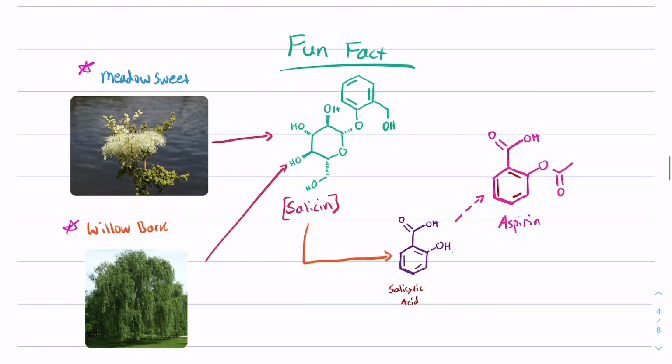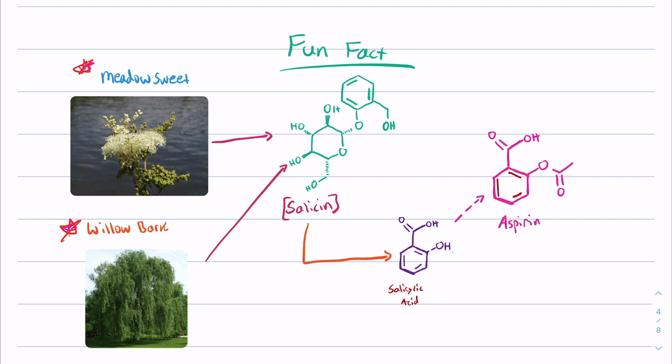So let's take a break from the complex stuff and get into some interesting things that I find about pretty much all drugs. So we have these plants, meadowsweet and willowbark. The Native Americans, among other cultures, used a lot of different plants for medicine. In this case, meadowsweet and willowbark, I think, were dried out and used as a powder. I don't really know, so don't quote me on that.